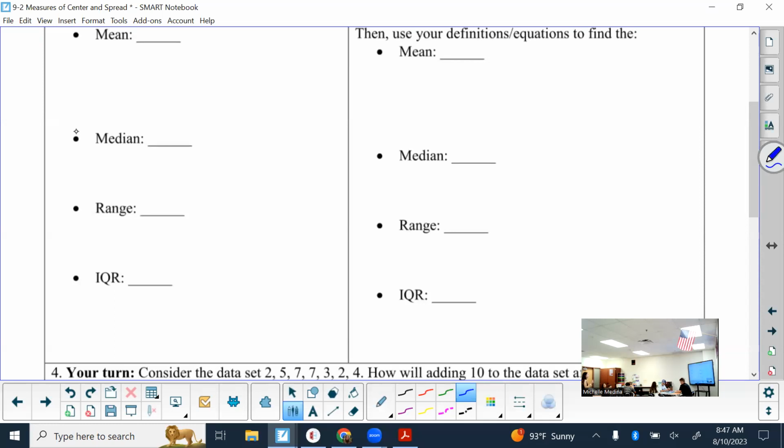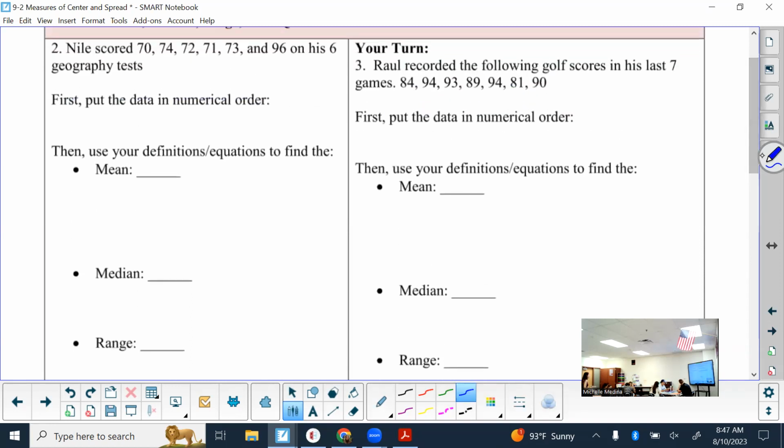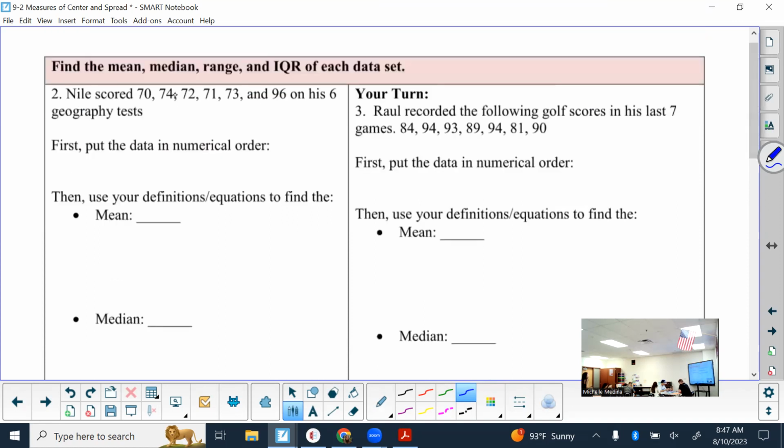There were some mistakes we made yesterday with that. Also the median, the range, and the IQR. For the mean, it doesn't really need to be in order. However, if you have to find the other things that I listed, you might as well make sure you do that first.